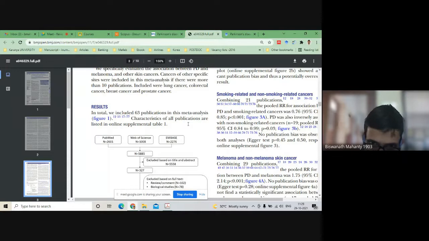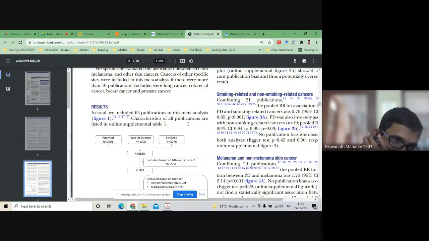That is called PRISMA. What is the objective? Preferred reporting in systematic review and meta-analysis.